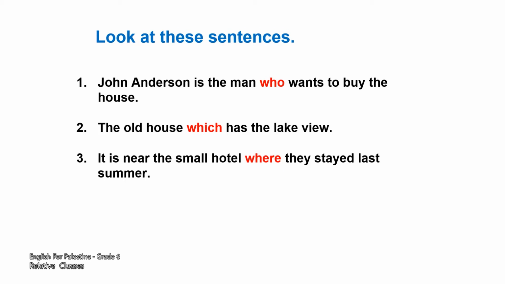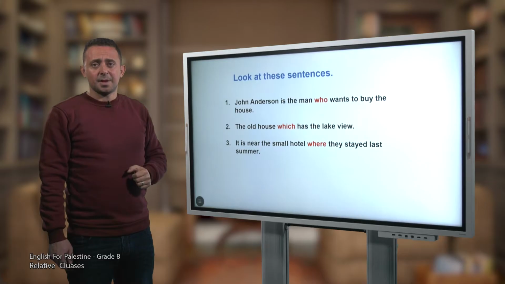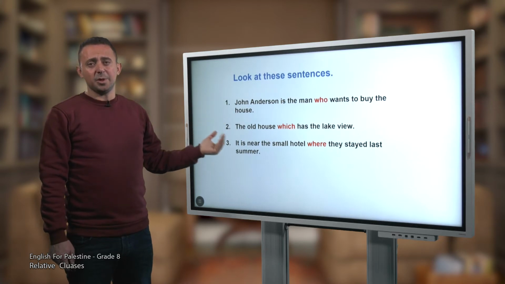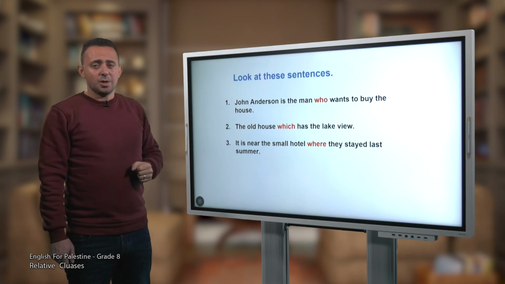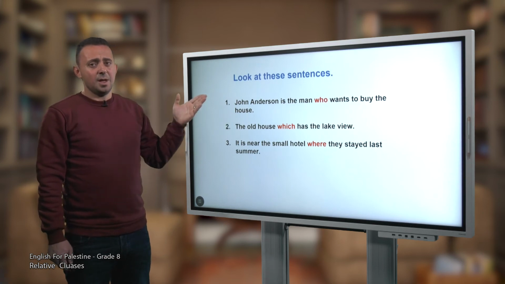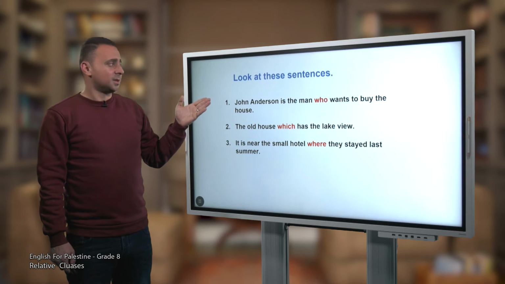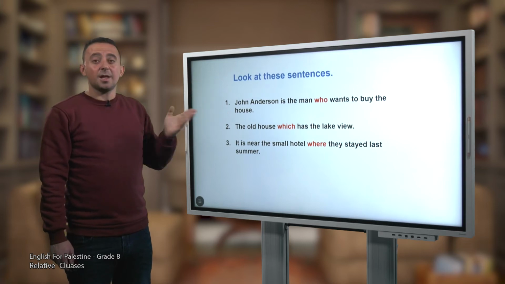It's near the small hotel where we stayed last summer. Look at the words in red. What do we call these words? We call them relative pronouns: who, which, and where.